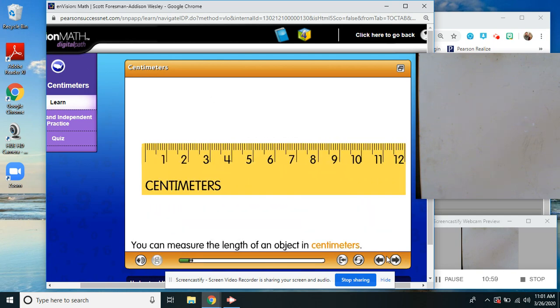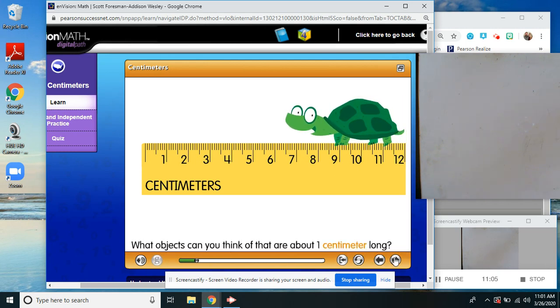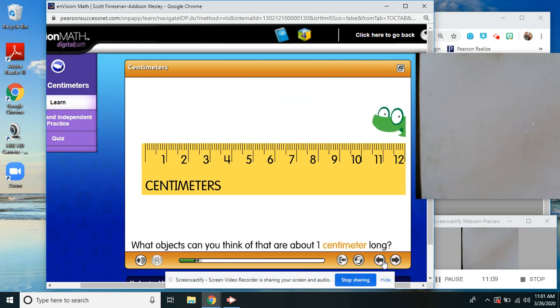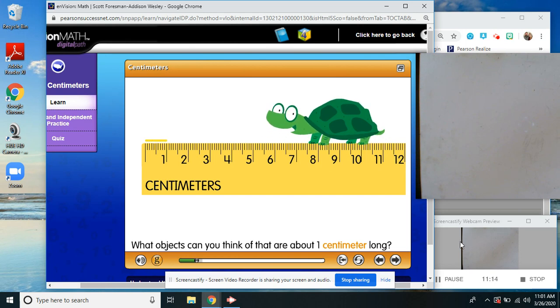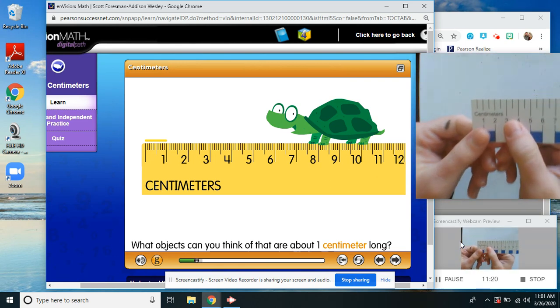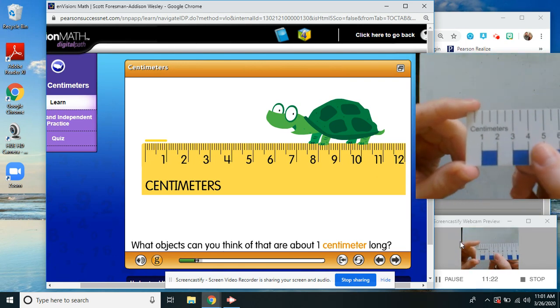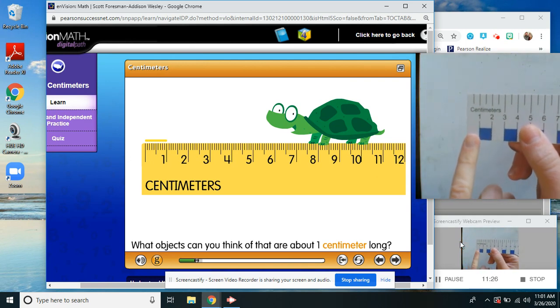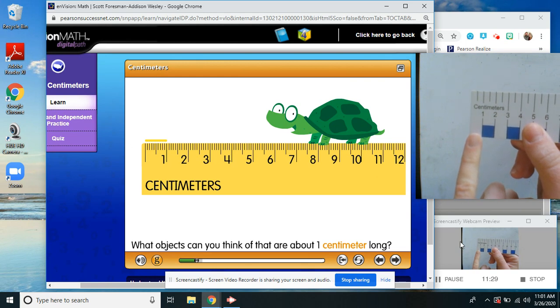You can measure the length of an object in centimeters. What objects can you think of that are about 1 centimeter long? So if I get out my ruler and look at my centimeter, you can get out your ruler and find 1 centimeter. On my hand, it's about the width of my pinky finger.